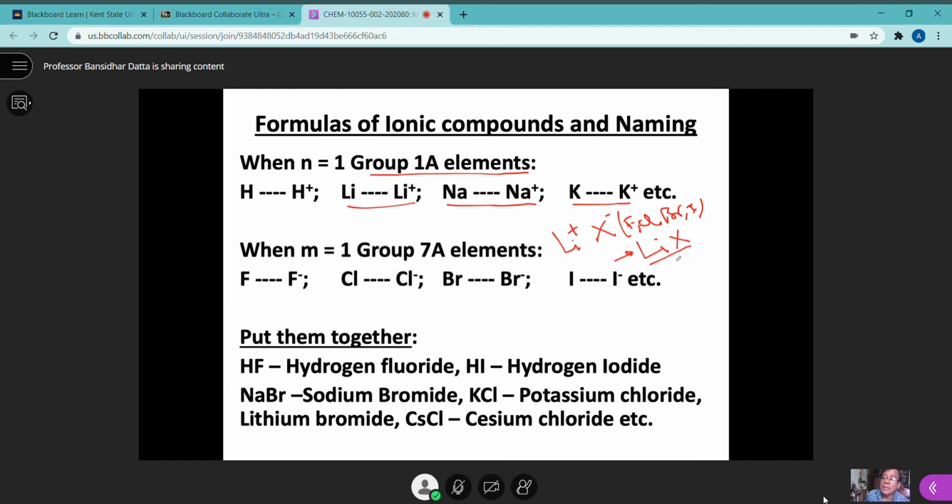Likewise, instead of lithium, if it is sodium, tell me the name of this sodium X. When X equals I, what's the name of NaI? Sodium iodide. Yeah, absolutely right.